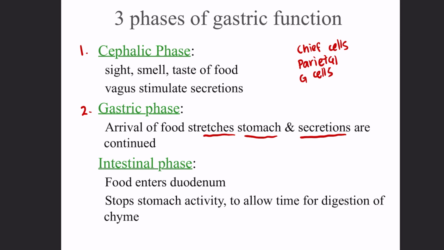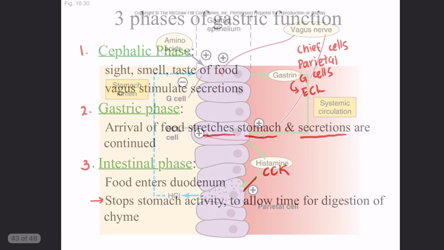We talked about ECL cells, which are going to be in response to this. And so all of these secretions are occurring because of the arrival of food in the stomach. As soon as food moves into the intestines, now we are at the intestinal phase. And this is going to stop stomach activity by that action of CCK, which allows for digestion of chyme.